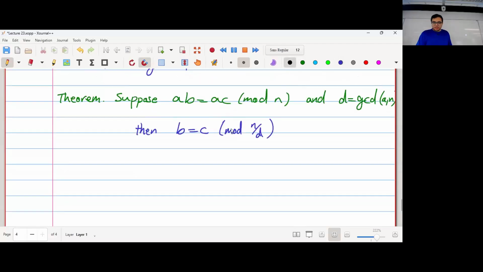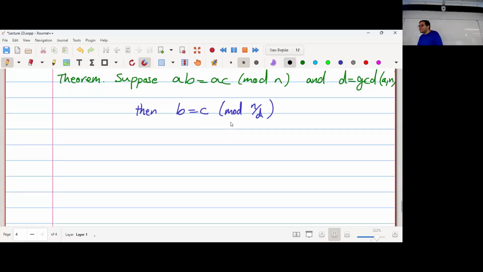But I'm going to give you a much nastier proof, right? So AB is equal to AC modulo N. What does that mean? That means that N divides AB minus AC.